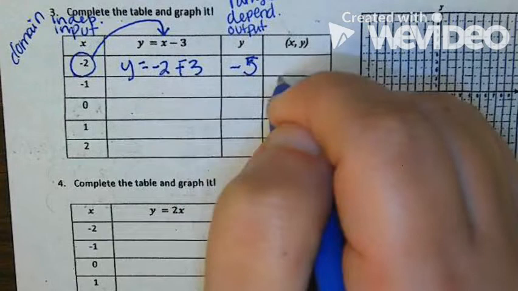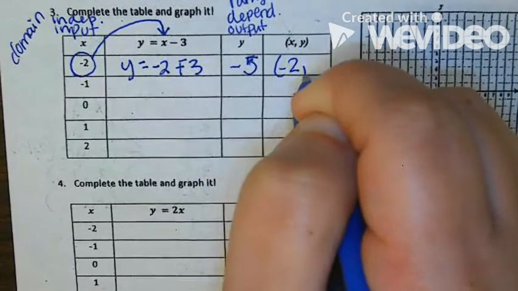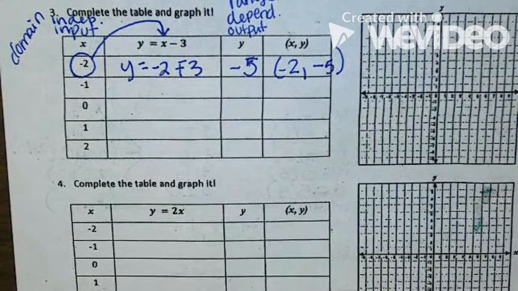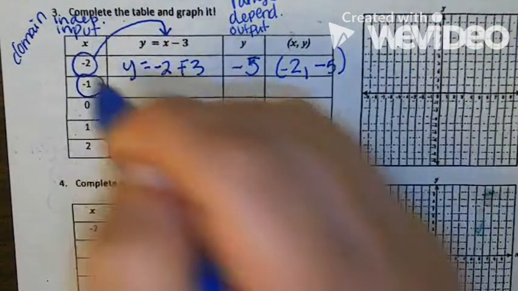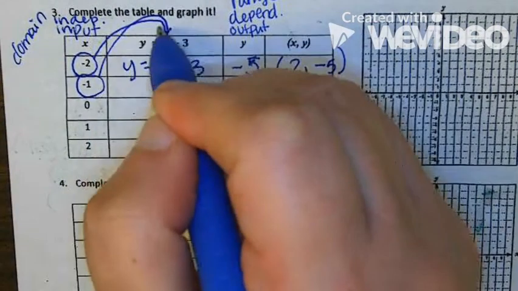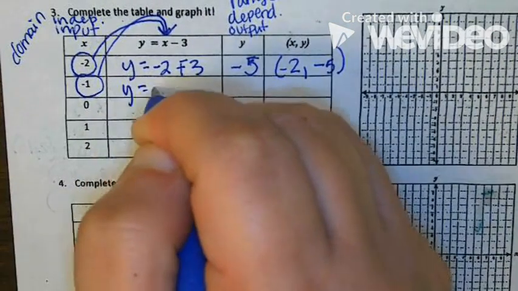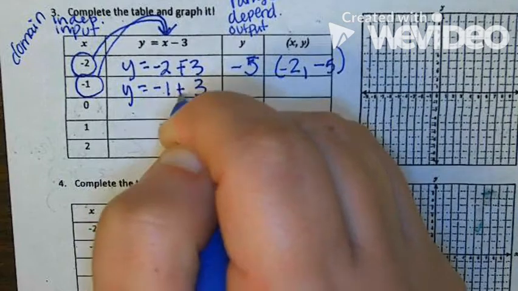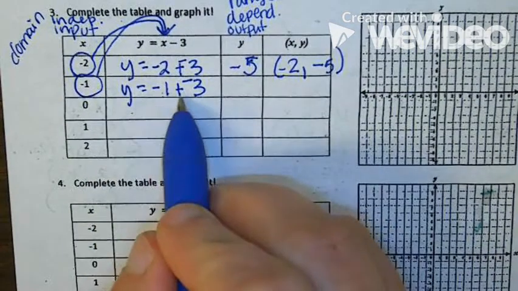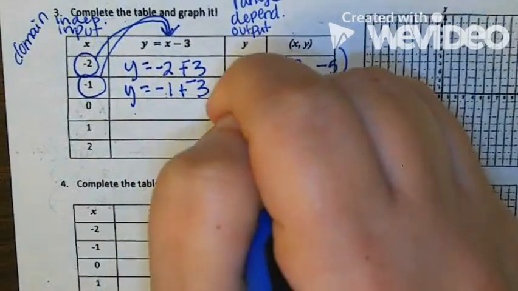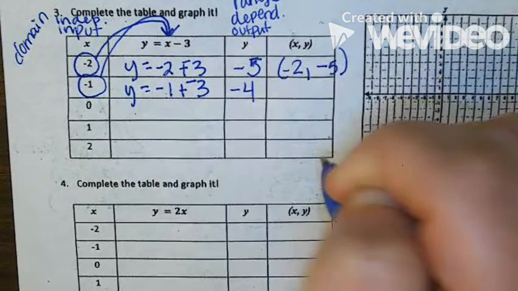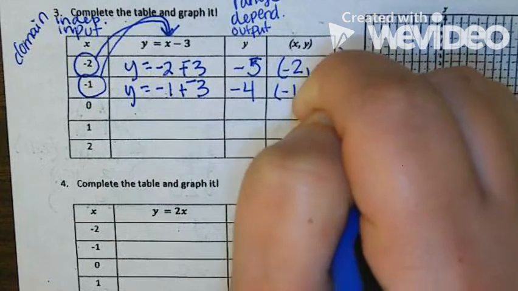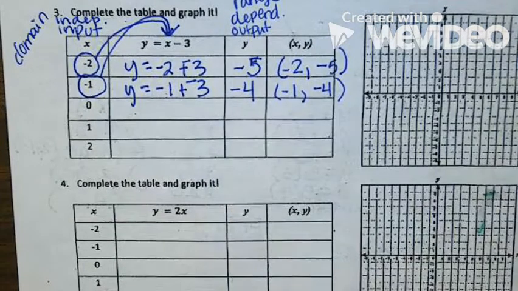So when x is -2, y is -5. Then we plug in our next x value. Y equals -1 minus 3. -1, keep, change, opposite. -3 and -1 is -4. So when x is -1, y is -4.